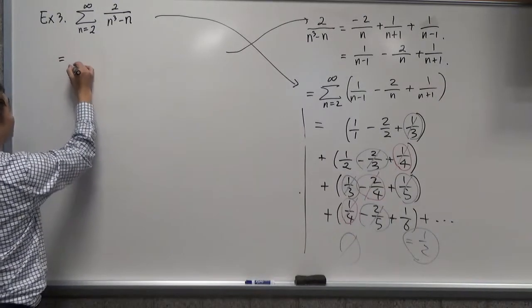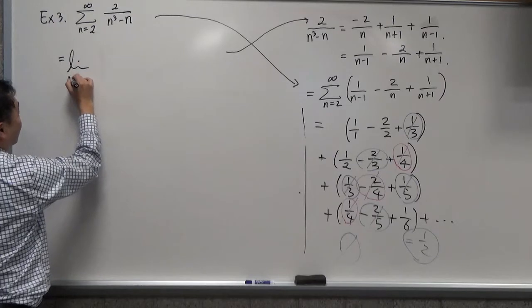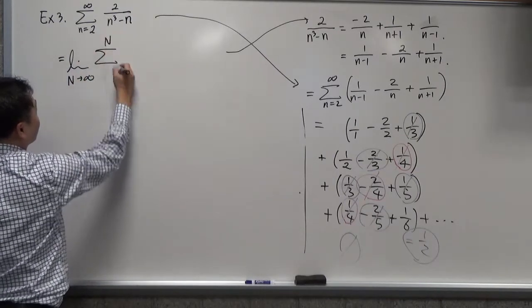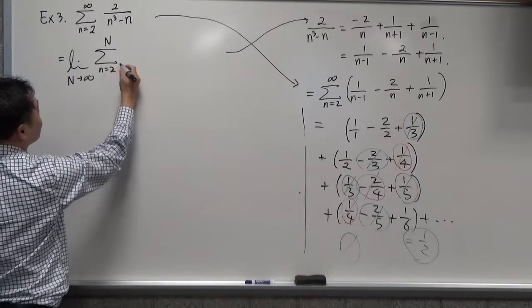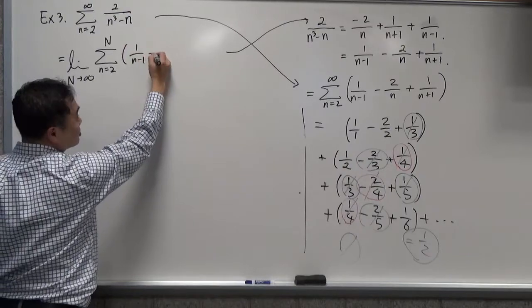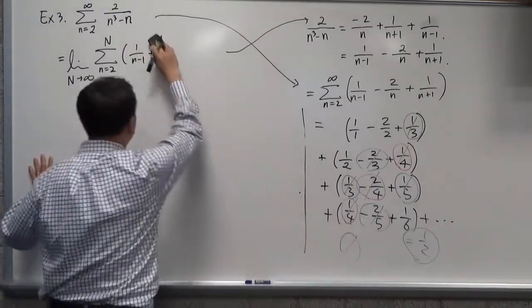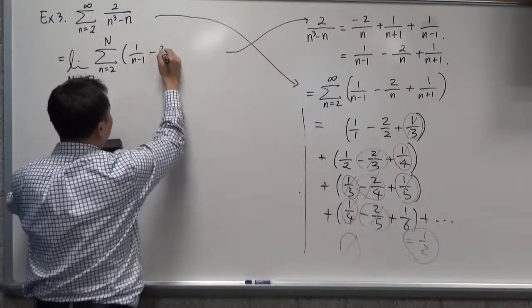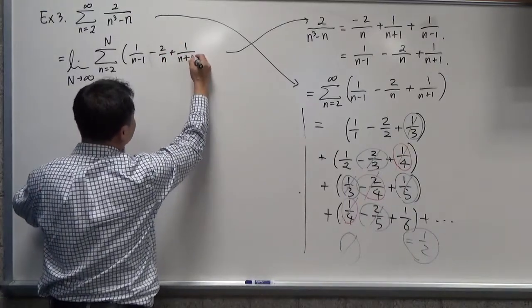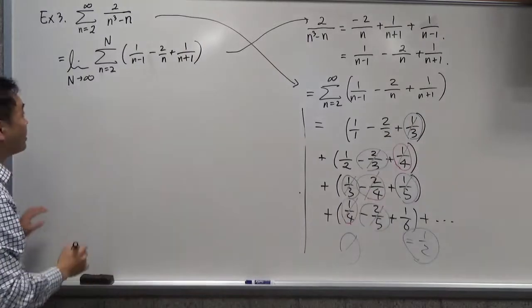What we really need to do is to say that this thing here is the limit as capital N goes to infinity of the sum from n equals 2 to capital N of 1 over n minus 1, minus 2 over n, plus 1 over n plus 1.